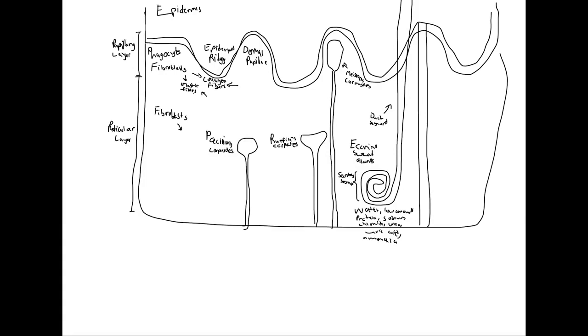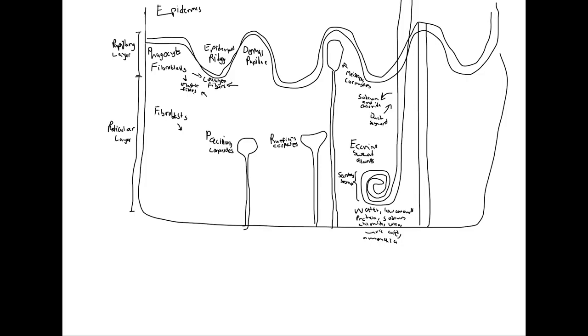Okay. When this mixture gets into the duct segment, whatever amount of concentrations goes through the duct segment, some sodium and chloride ions are going to be reabsorbed, and that way you're going to lose less electrolytes when you sweat.